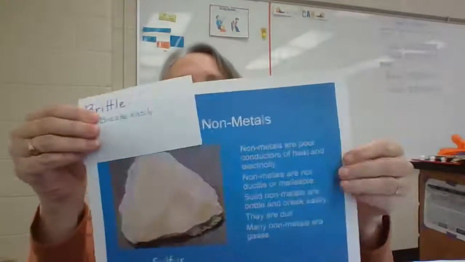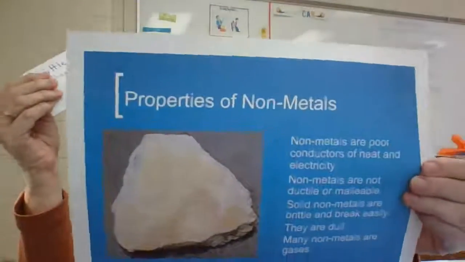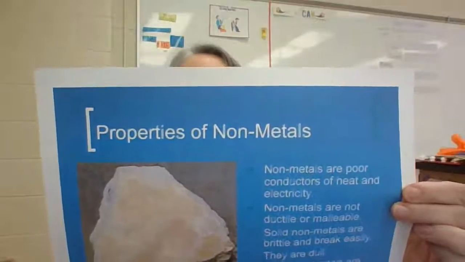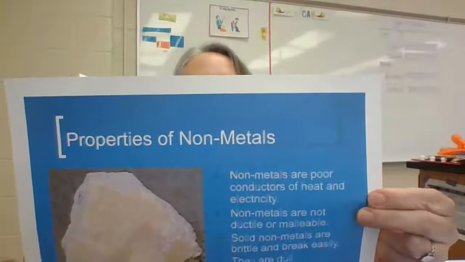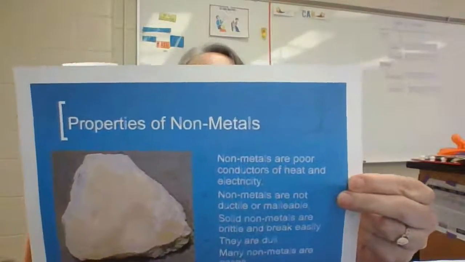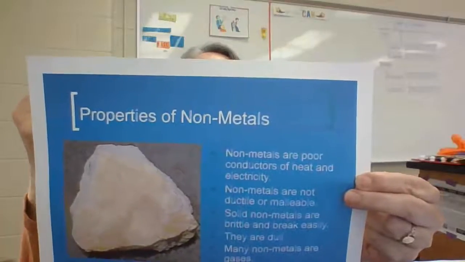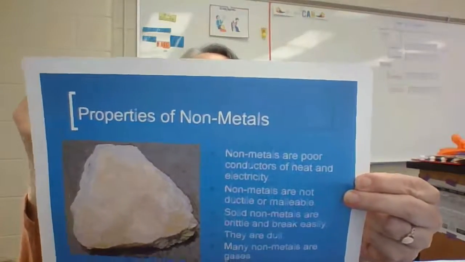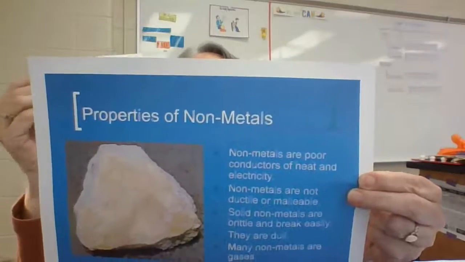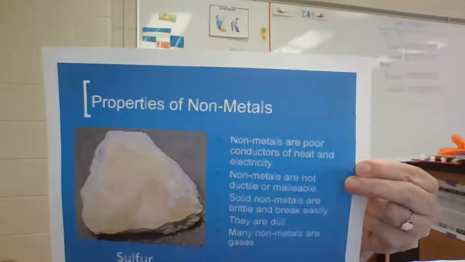Now, the nonmetals, a lot of them are gases, but some of them are solids. So nonmetals are poor conductors, and so you can't put electricity through sulfur.